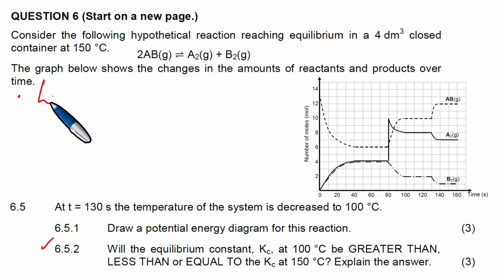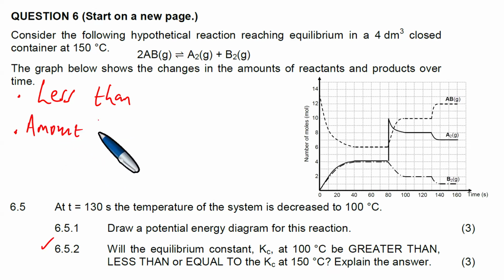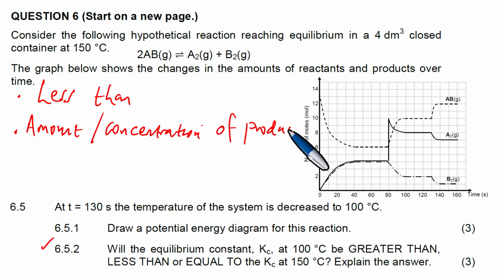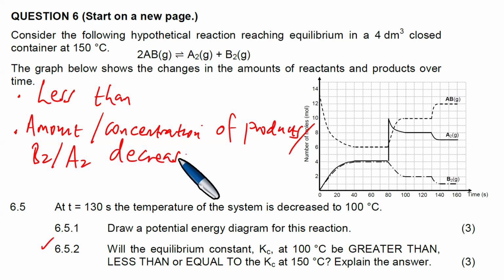It will be less than the amount or concentration of products B2, A2 decreases.